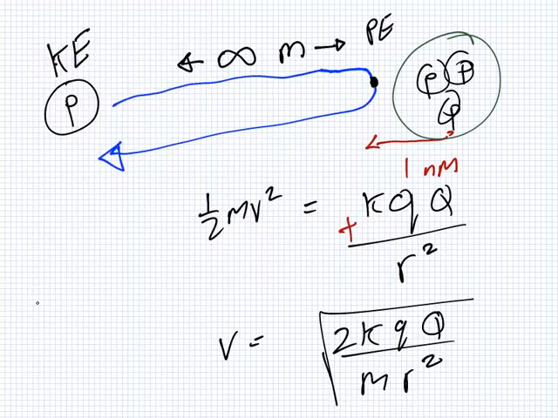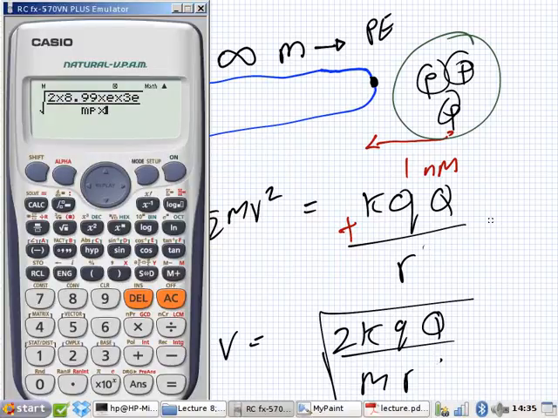No, I did 1 nanometer. What's my mistake? Okay, I'll be calm. No r squared. Thank you. Did you write an r squared? No. Okay.